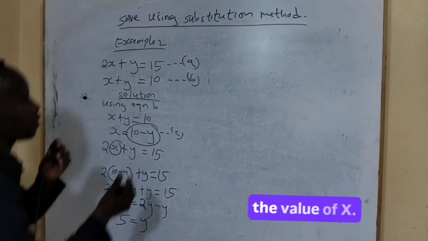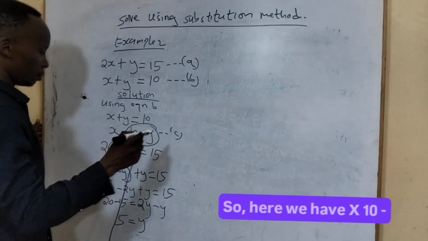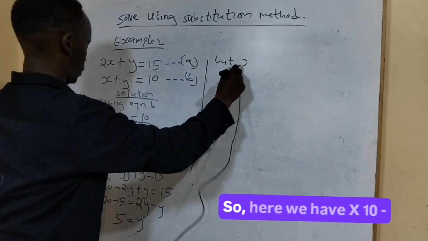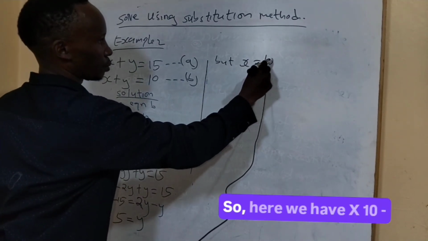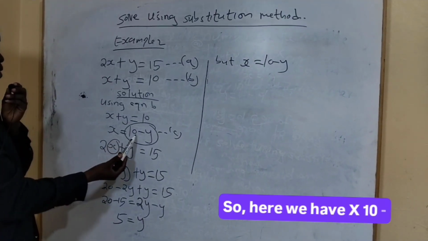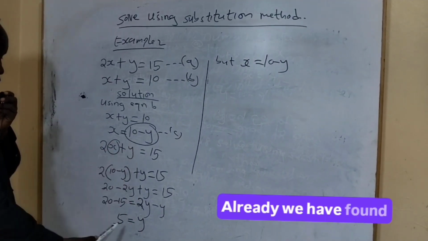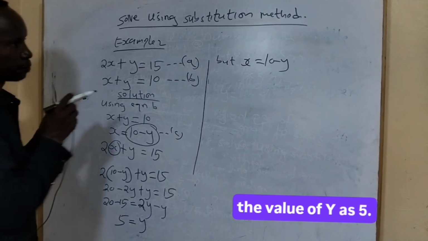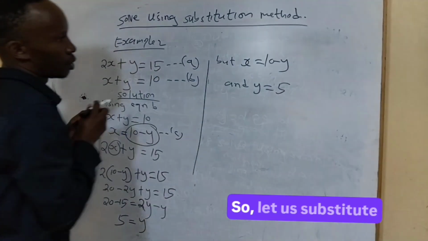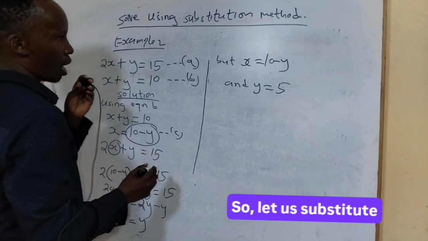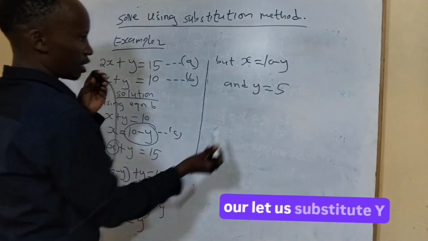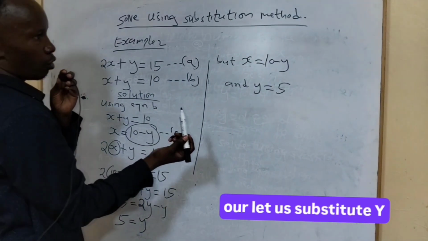Now let us go and find the value of x. So here we have x is equals to 10 minus y. Already we have found the value of y as 5. So let us substitute y with 5.